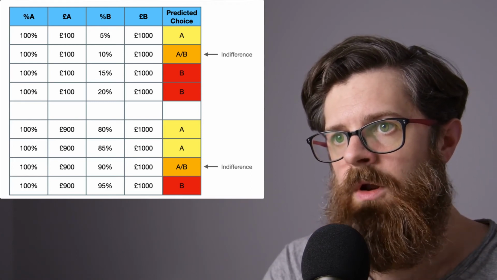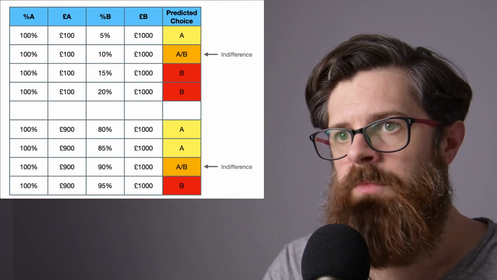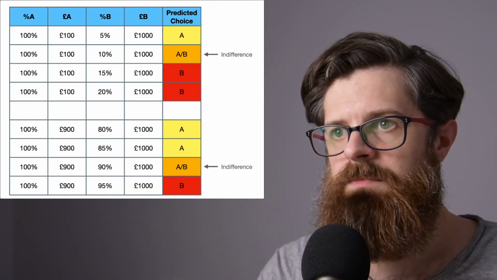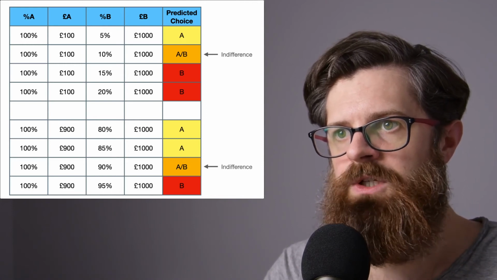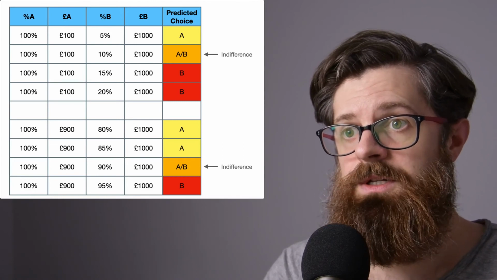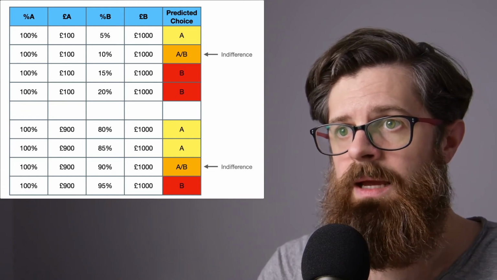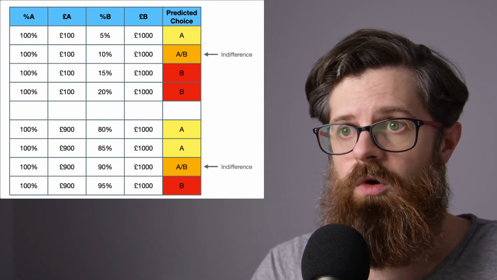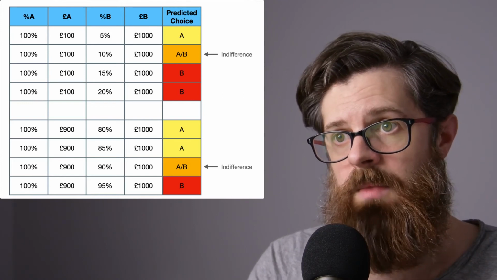Now, if someone was behaving according to expected value theory, they would actually be indifferent between this next trial where you've got £100 for sure, or you have 10% chance of winning 1,000. And just in case that's not clear, 10% of £1,000 is equal to 100.